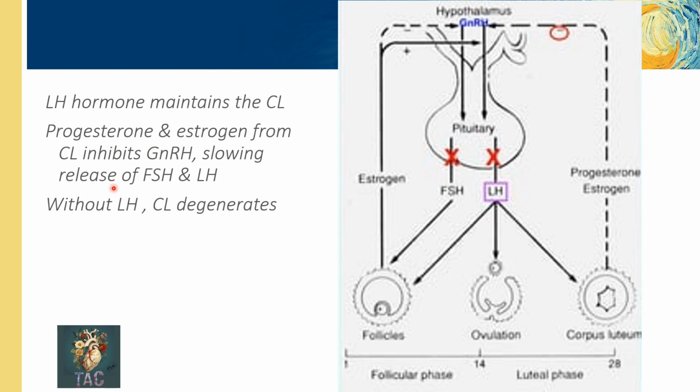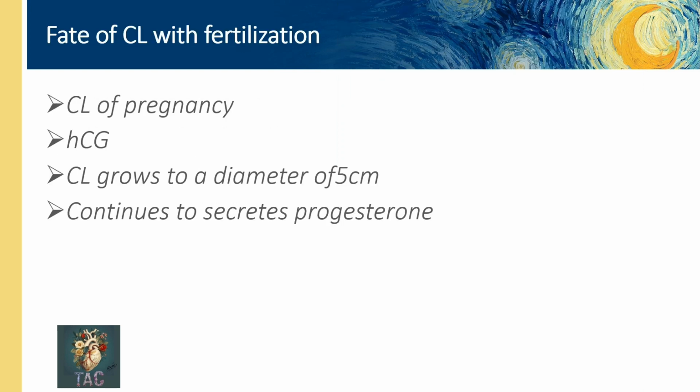Progesterone and estrogen from the corpus luteum inhibit GnRH, slowing the release of FSH, and without LH the corpus luteum degenerates, which will lead to the start of the menstruation. So this corpus luteum grows to a diameter of nearly 5 centimeters, and it continues to secrete the progesterone hormone.